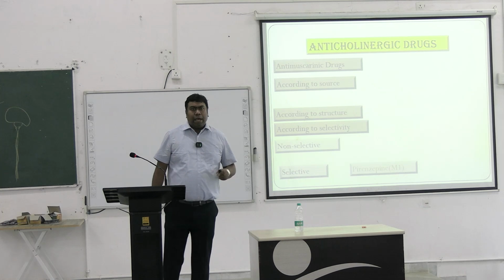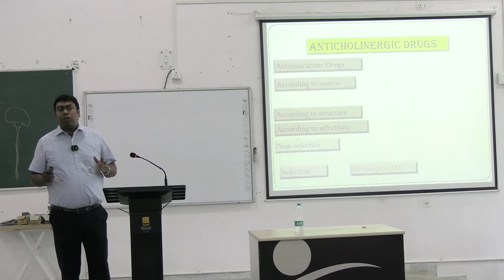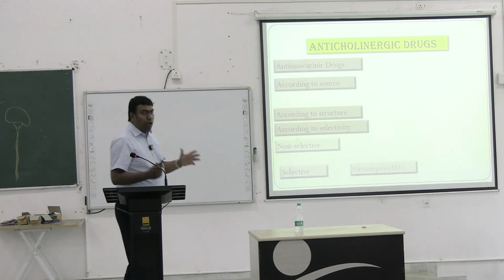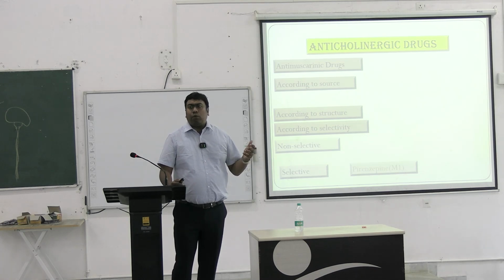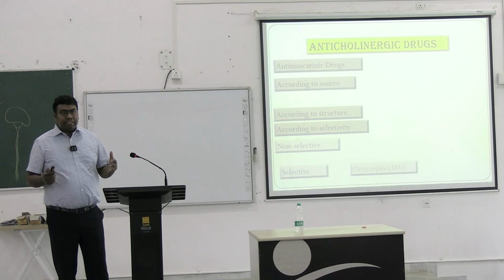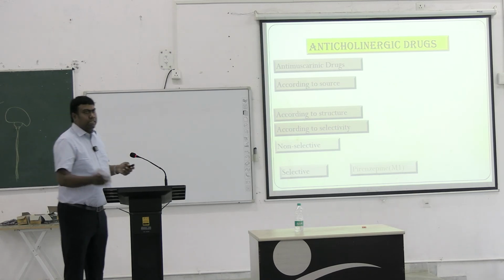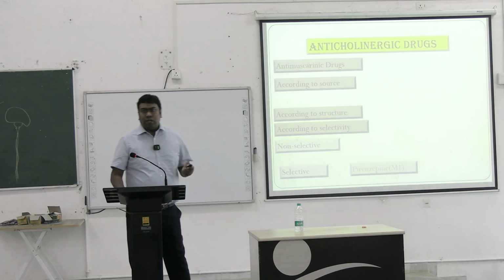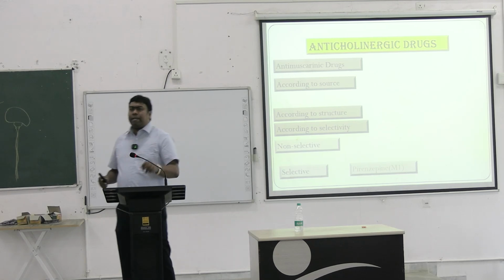The selective one is M1 specific, pirenzepine. Where is M1 present? In the stomach gland. If it is blocked, what will happen? In which clinical situation can we use that? Where there is hypersecretion. Stomach hypersecretion causes peptic ulcer. But nowadays it is rarely used. What are the common drugs used in peptic ulcer nowadays?